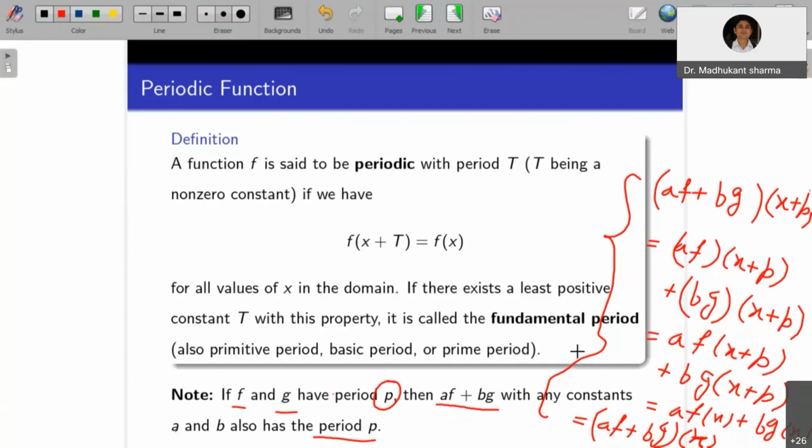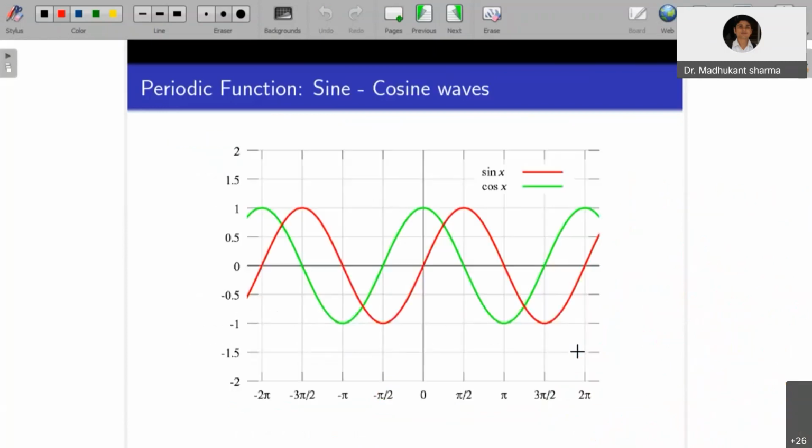Okay, right. So there are some examples of functions. The very first function you can look at is sine and cosine waves. Here the red ones are the sine curves and the green ones are the cosine curves.